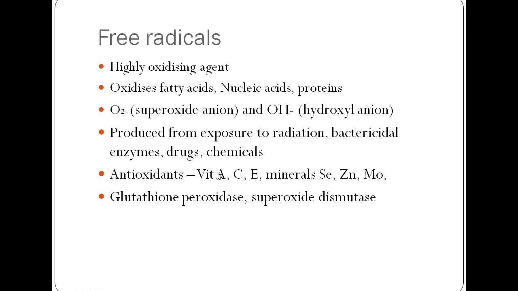They are produced from exposure to radiation. If the cell is undergoing any form of stress, it starts producing free radicals. These free radicals have to be scavenged by antioxidants. Antioxidants are present in most phytochemicals and in the food that we consume. Enzymes like glutathione peroxidase and superoxide dismutase also help in counteracting these free radicals.